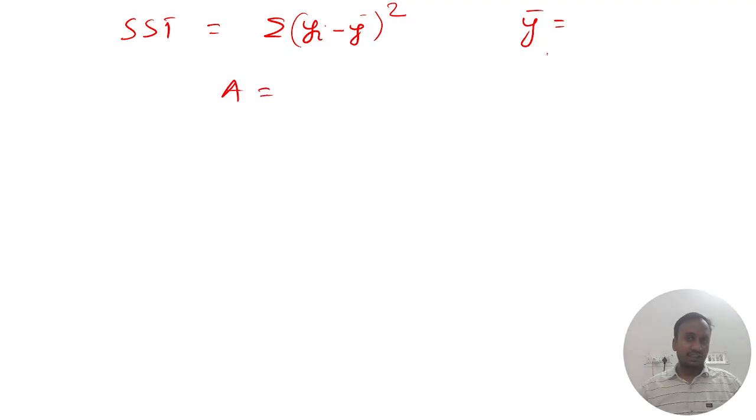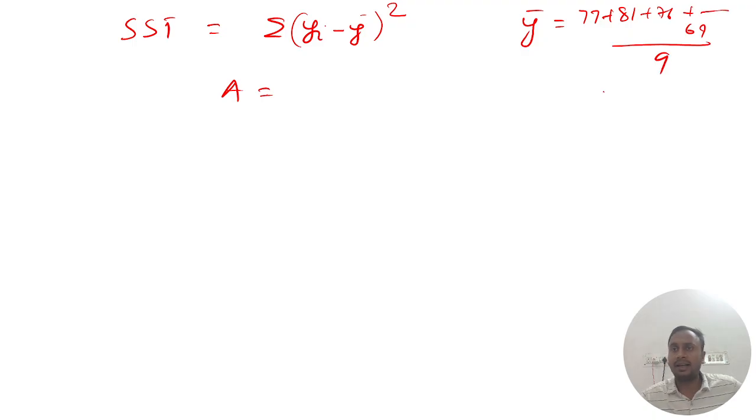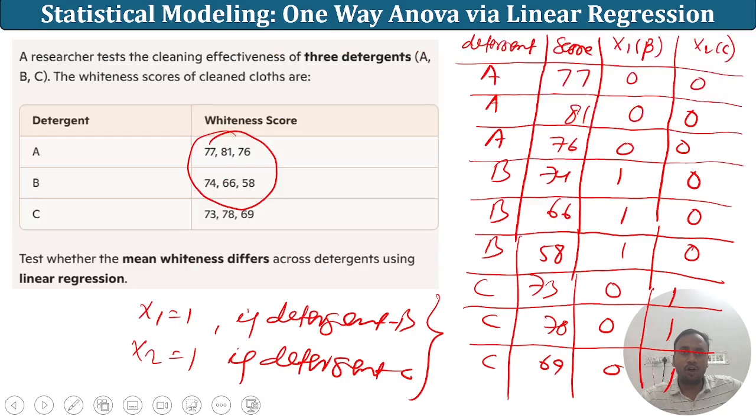It will come as the summation of 77 plus 81 plus 76. No, we have some different values there, similar values, up to 69, divided by 9. How much did it come? 73.33.